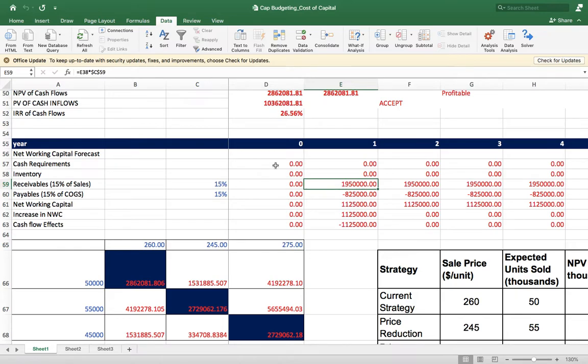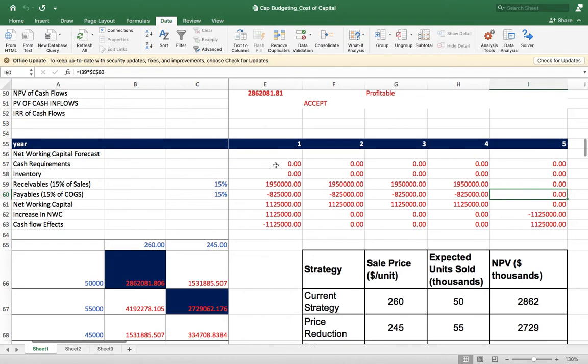From year 1 to year 4, 15% of the sales is 1.95 million. Payable is 15% of cost of goods sold. In year 0, cost of goods sold is 0, therefore the payable is 0. From year 1 to year 4, the payables will be 825,000.